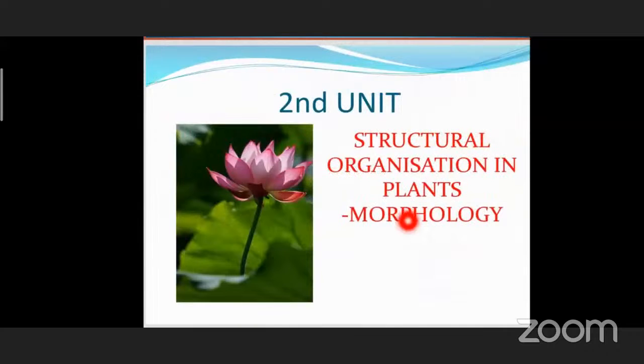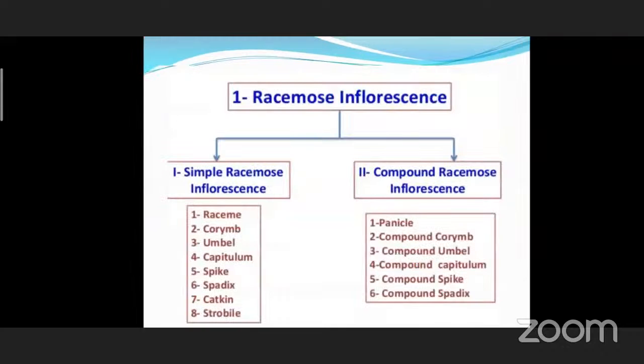In last class, we discussed the 5th chapter, Morphology of Flowering Plants. Mainly, we learnt inflorescence. Inflorescence is of two types. First one, simple racemose inflorescence, and second, compound racemose inflorescence.